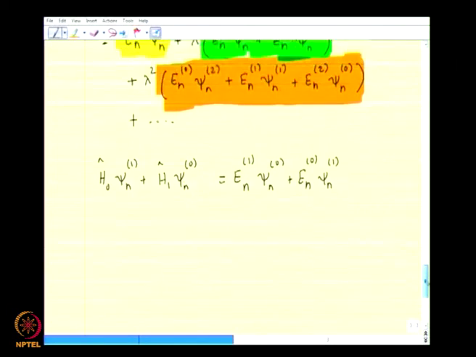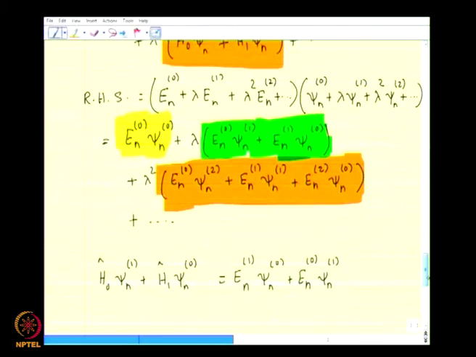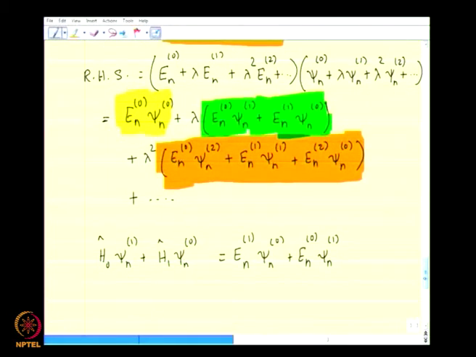Okay, is that what we have? En1 on psi n0 and En0 on psi n1, yeah, that's correct. And this is H0 psi n1, H1 psi n0, yeah.